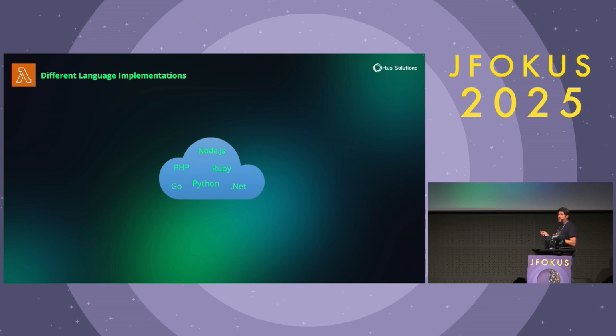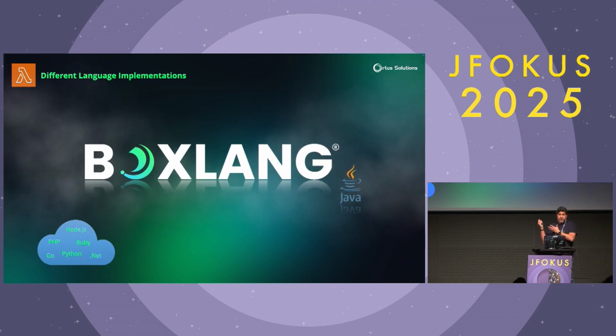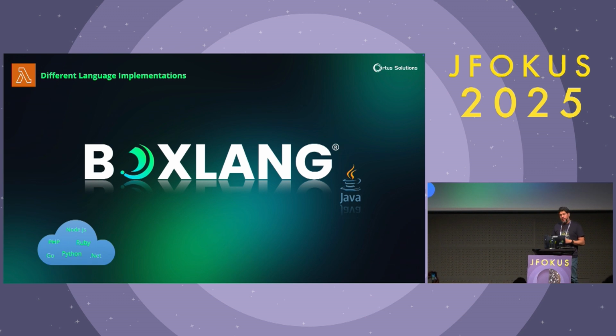So you have a choice to implement these functions from the traditional languages, PHP, Node, Ruby, Python, Go, .NET. But today I'm showing you this new language that we've developed called BoxLang. It's a JVM language, so you'll feel right at home.